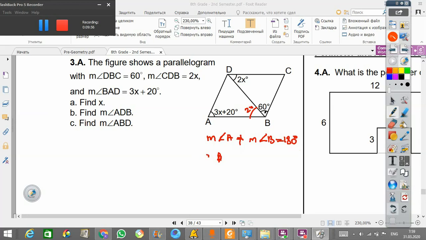Angle A is 3x plus 20. What is angle B? 2x plus 60. So 2x plus 60 degrees is equal to 180 degrees.